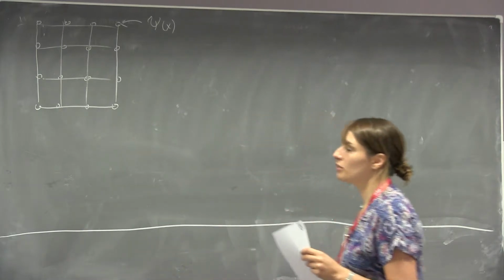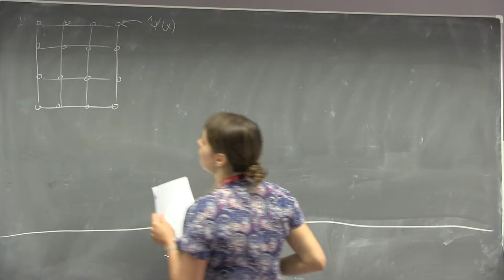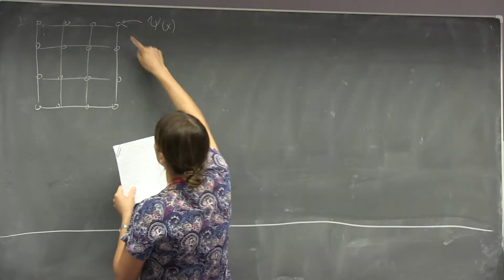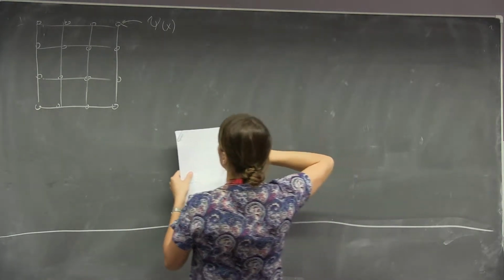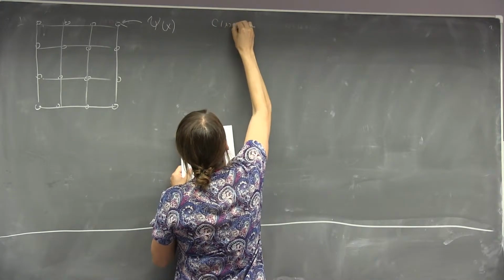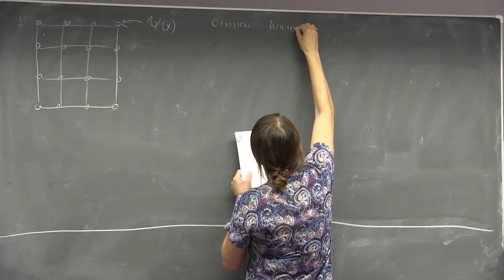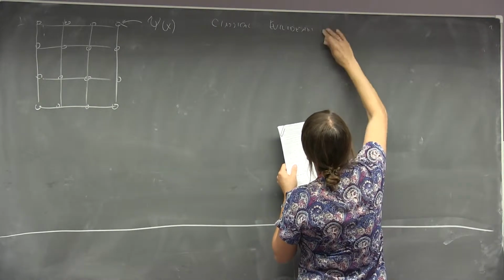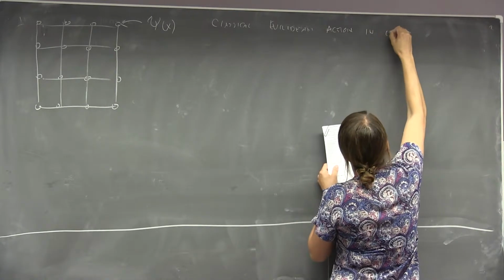So our quark fields in QCD will be associated to the sites of the lattice and defined at each discrete lattice point x. And we will start from the classical Euclidean action in the continuum.